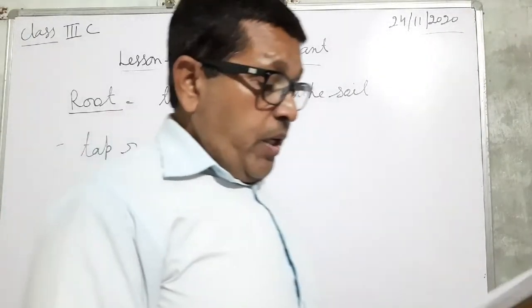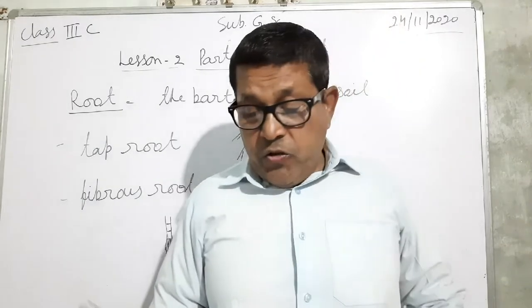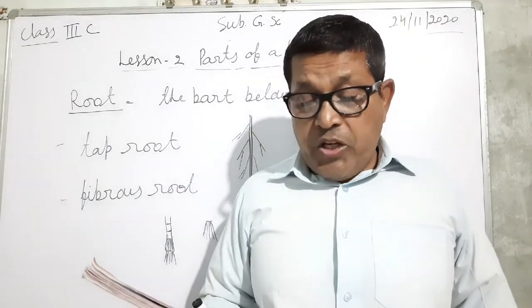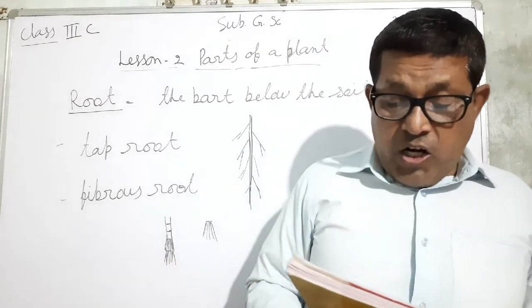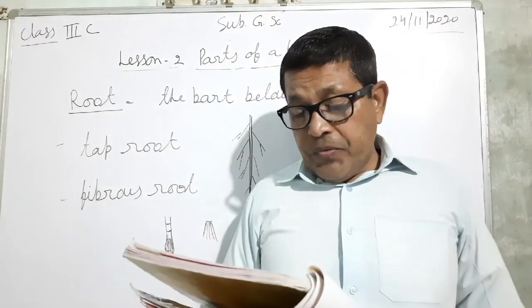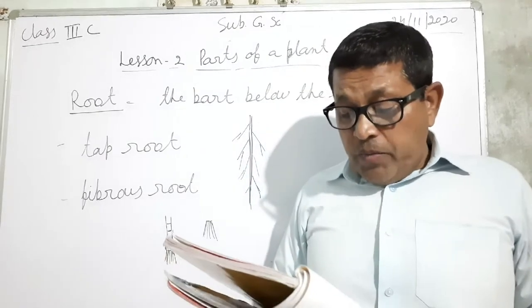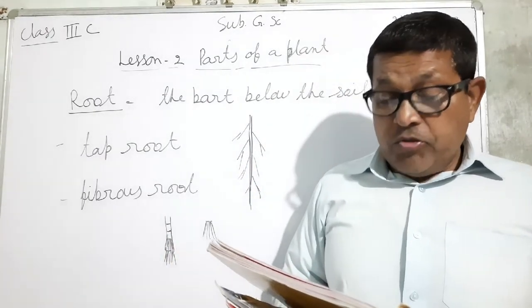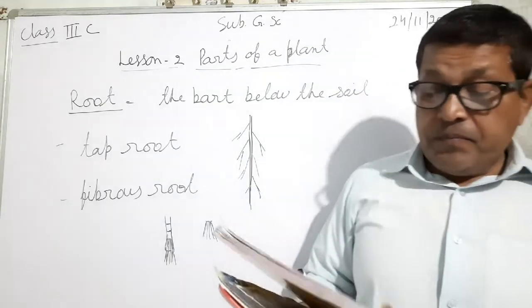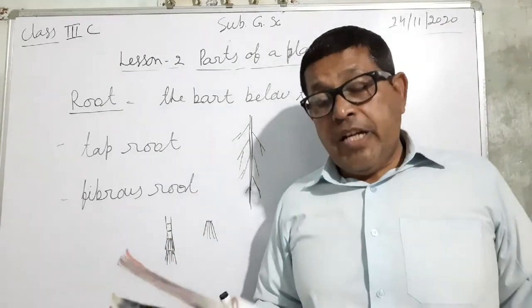So a taproot has one big or main root with many thin branches at its sides. Plants such as gram, radish, carrot, mango, bean, mustard have the taproots. So there is a long list of plants having taproot.